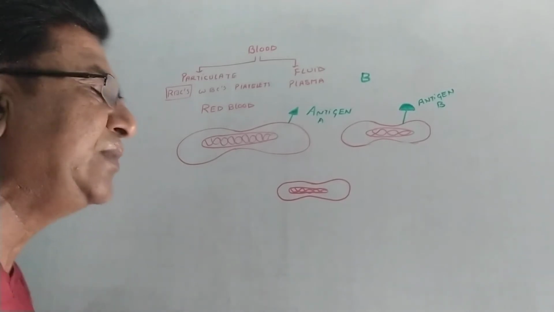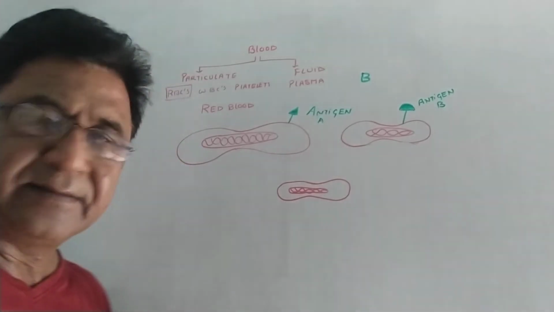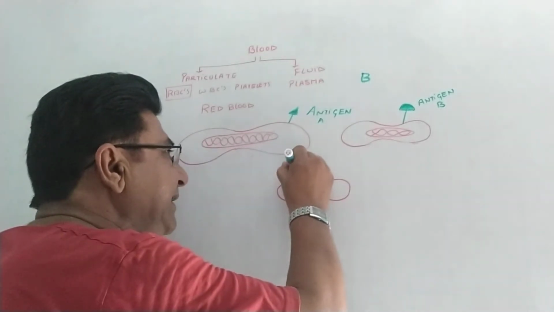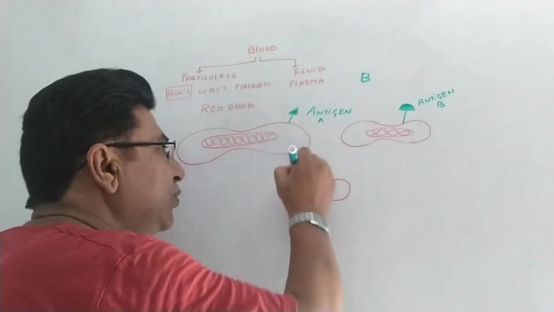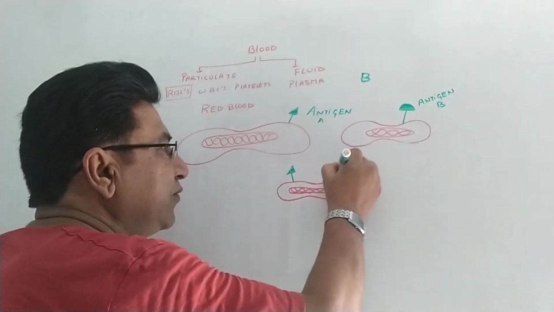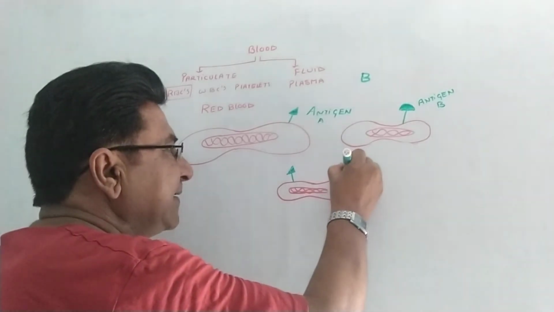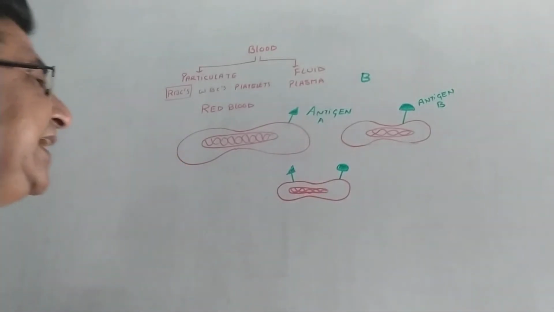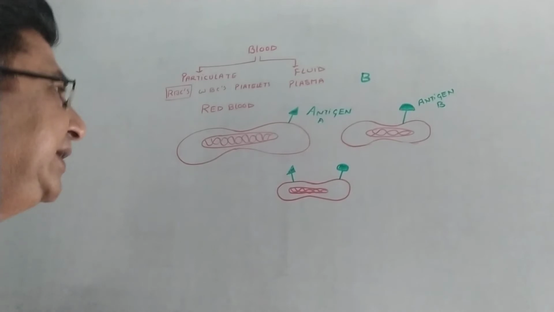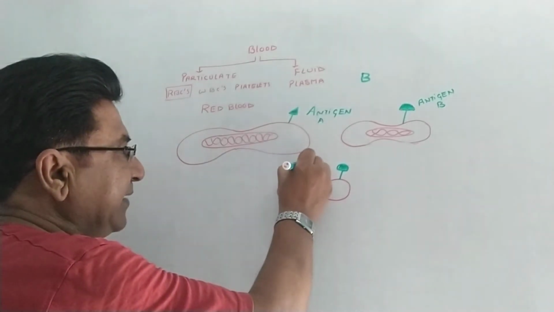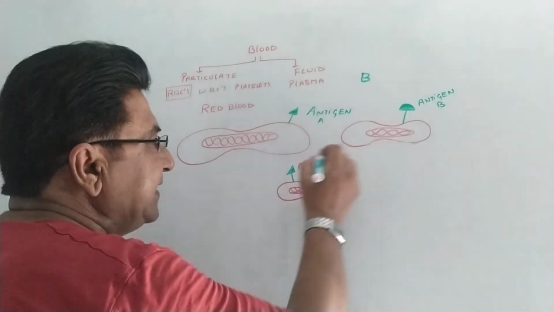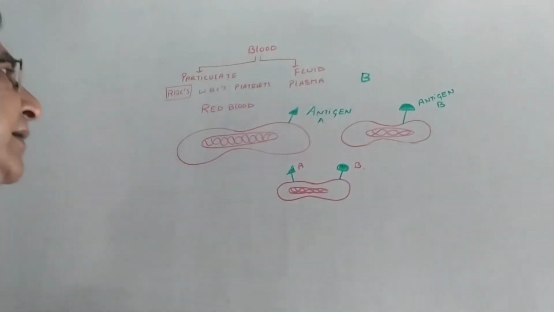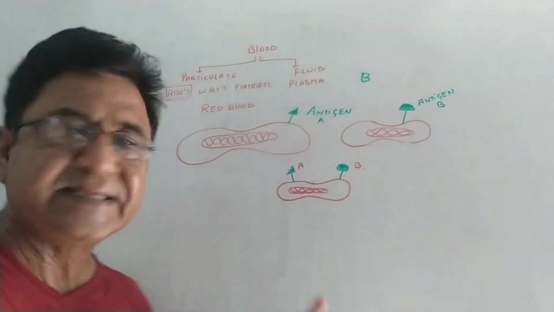Another RBC in another blood has both antigens present over its surface, antigen A as well as antigen B. This is antigen A, this is antigen B. Now, three cases we can see.